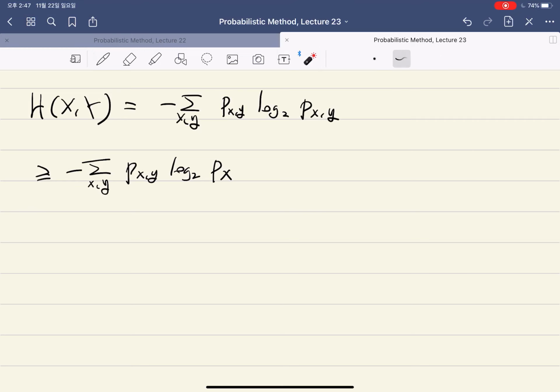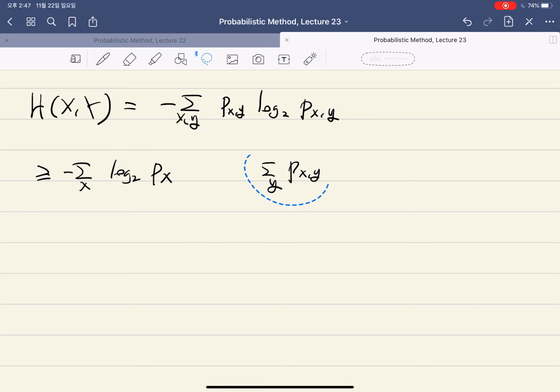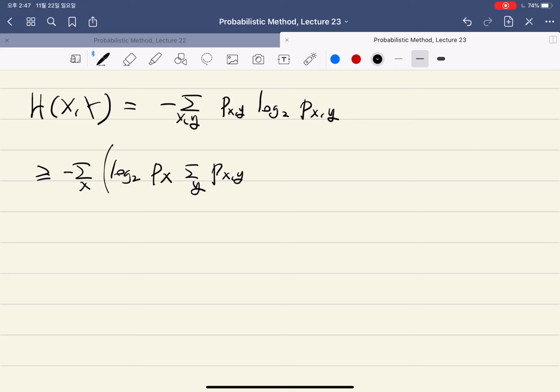But here, what do we know? If we fix x, this is nothing but the summation over x, summation over y. But if you fix x, then this is just a constant. So we can write it this way. But what's this?